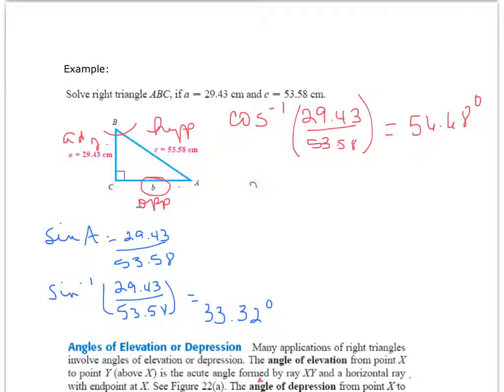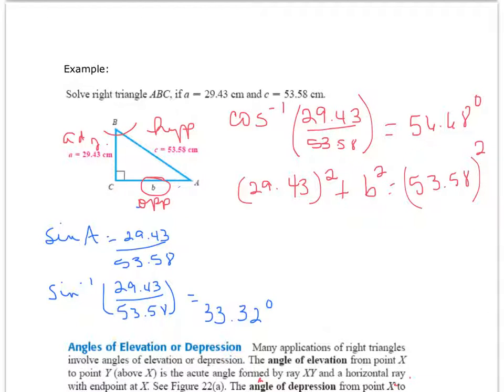So if you had 29.43 squared plus side B squared equals 53.58 squared. So let's punch that in the calculator.